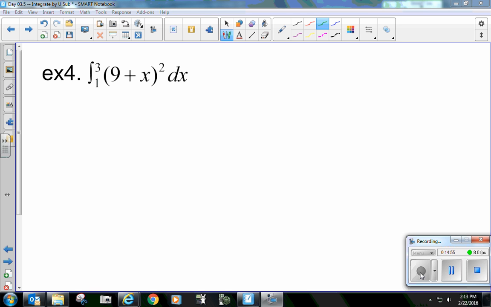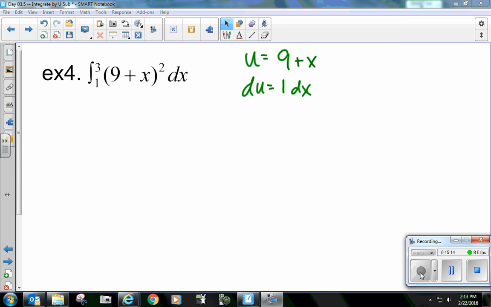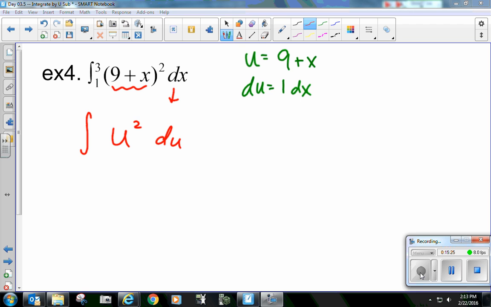So, what am I going to set u equal to? 9 plus x, which means what's du? 1 dx, which means it's just dx, right? So I'm going to integrate this. U squared, because this turns into u, and this just turns into du, right?